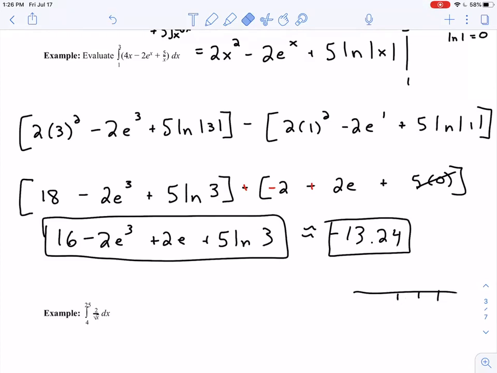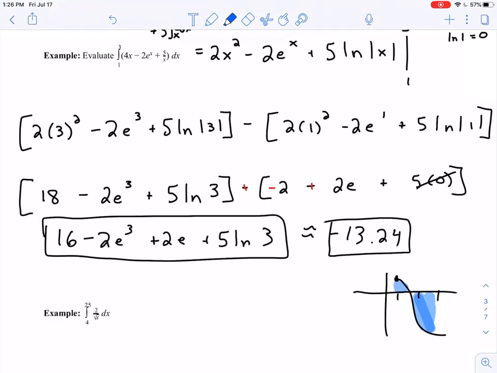Or you could have an instance where part of your function is above the x-axis, but then there's way more area below the x-axis. So here's a little bit of positive area, but then I have all of this area that's negative. So the negative area is sort of outweighing the positive area here. For us personally, it doesn't really matter. Those are just the two cases that I could have.